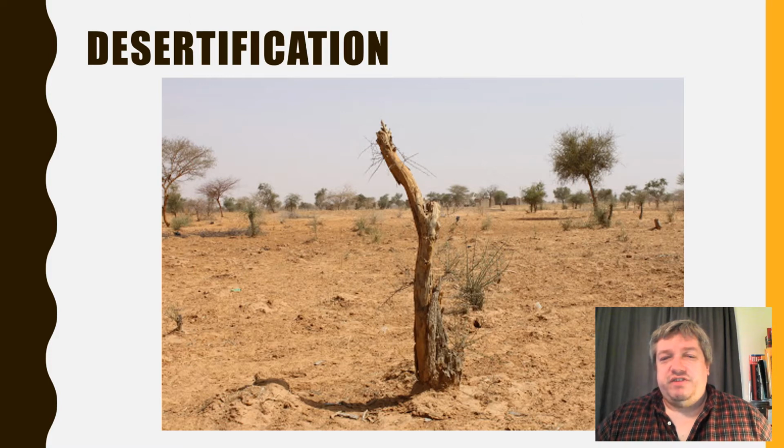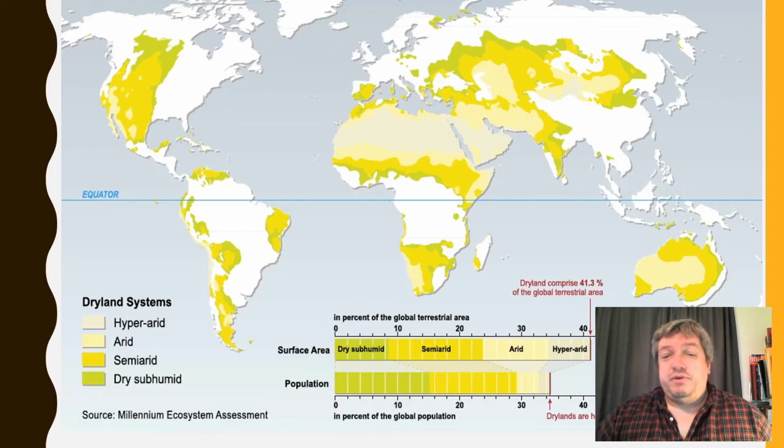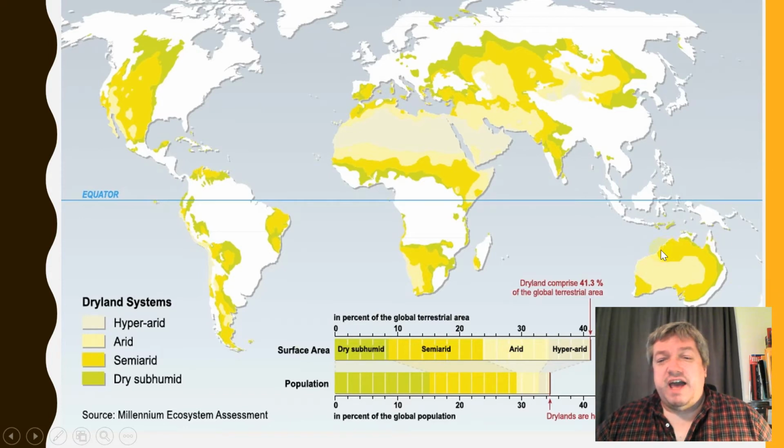But desertification, right? Taking what was once a prime land of some sort and making it desert. Sometimes it's the desert expanding, and sometimes it's just human action. And this map shows you the areas that are primarily dry ecosystems. So here's the Sahara Desert right here.